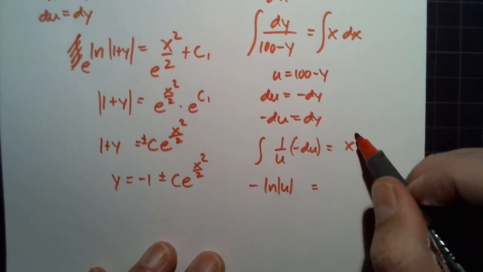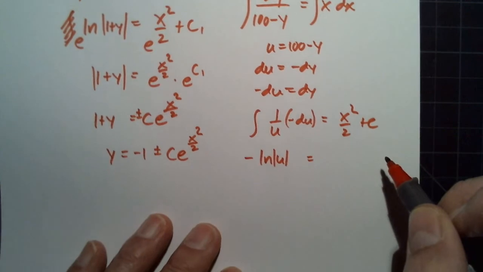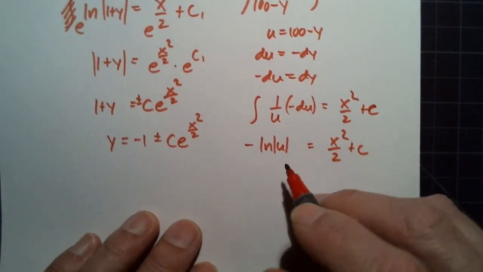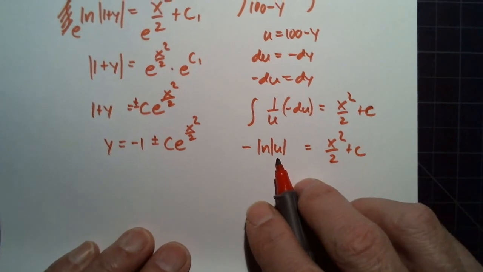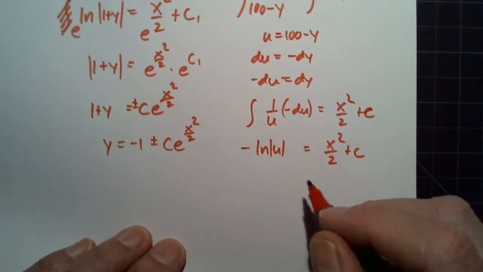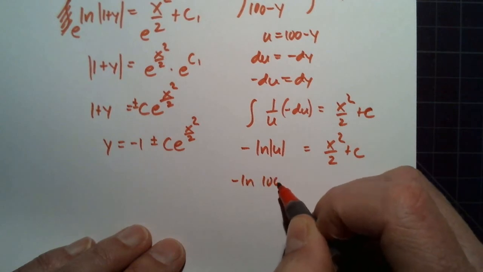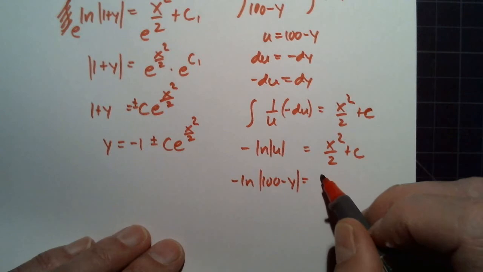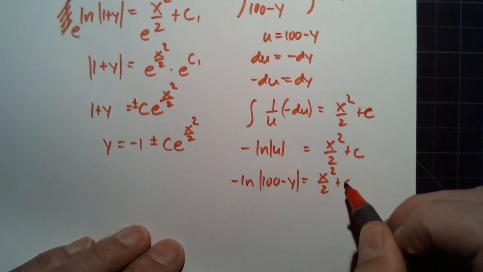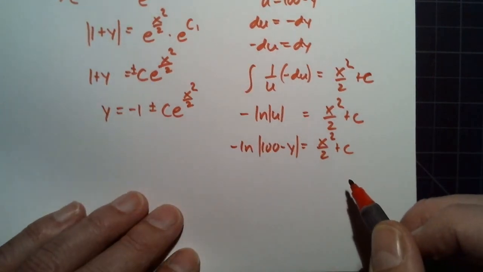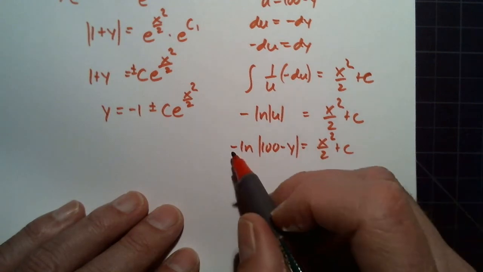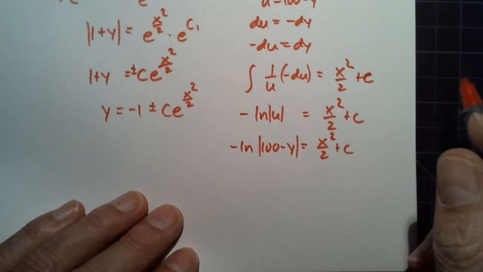And on this side we have x squared over 2, and just substitute for u, 100 minus y. And let's move the negative over to the other side.